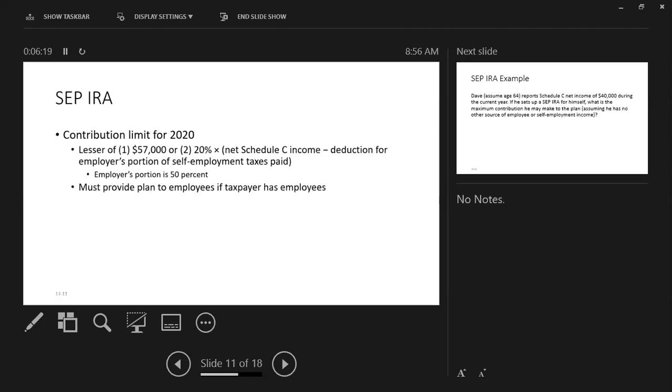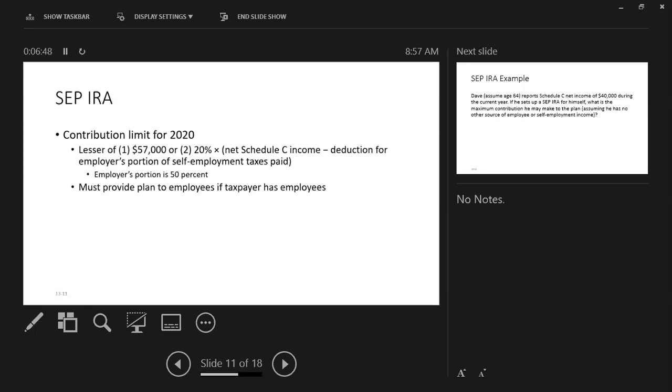That's the amount that you will multiply by 20%. So it's the lesser of that calculation, or 57,000. So he can contribute 7435. His age doesn't matter. So in the next example, it doesn't matter how old he is, as long as he has earned income. What if in the last example, his Schedule C income is $310,000?